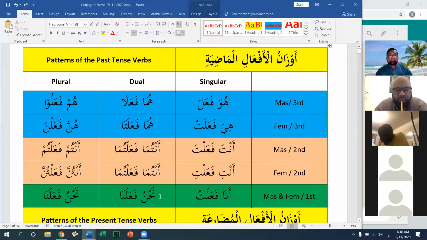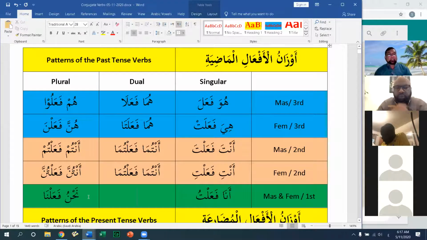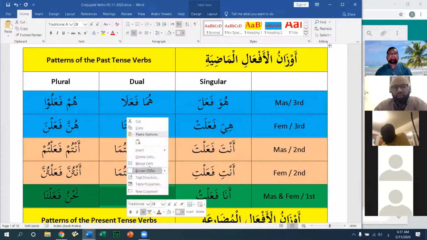And you'll observe that dual and plural first person are the same. نحن. So technically we could have just deleted this and we could merge these two cells to show that they're the same.